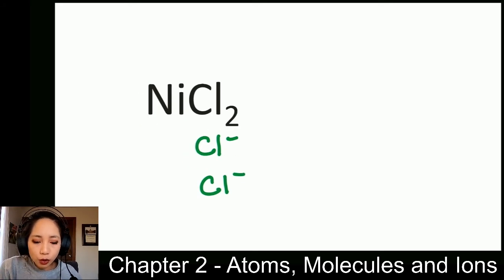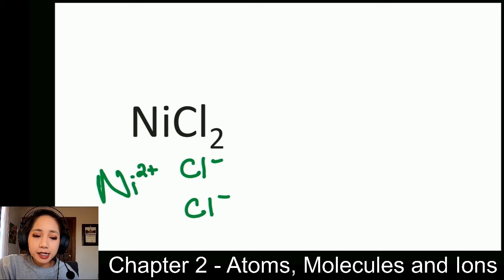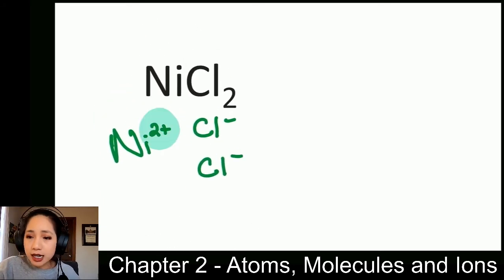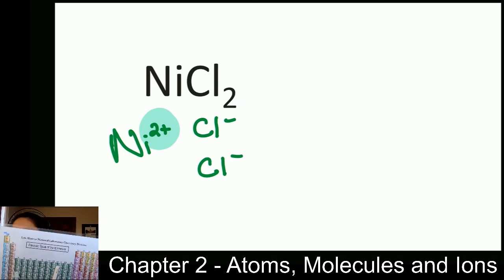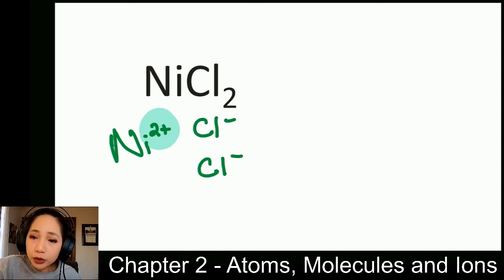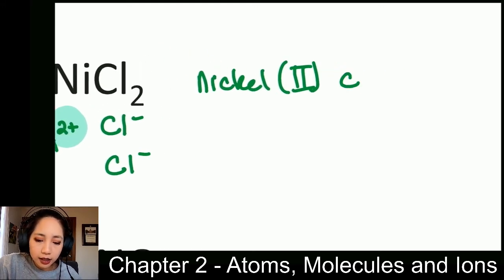So that means if there are 2 chlorides here, with a minus 1 charge each, nickel must have a charge of 2 plus to cancel it out. And this is important when naming, because nickel is a transition metal. So we need to be able to indicate its charge using the Stock system. So the full name for this compound will be nickel(II), because I determined its charge from its chemical formula. And then lastly, it will be chloride: nickel(II) chloride.